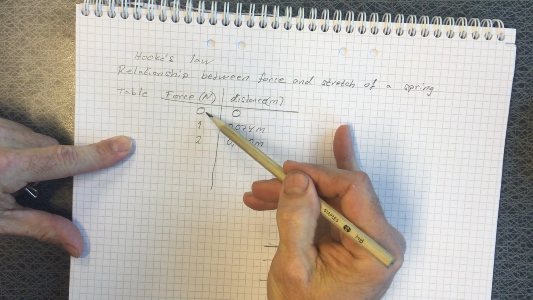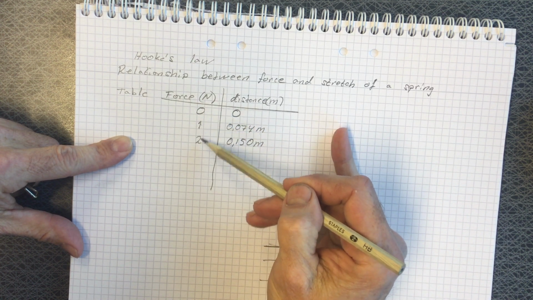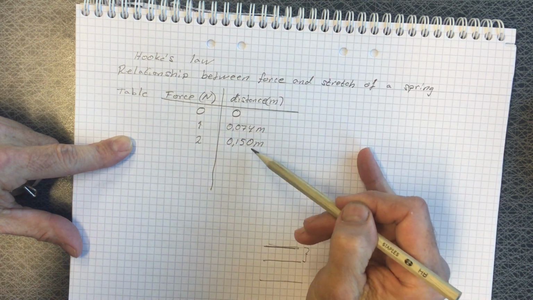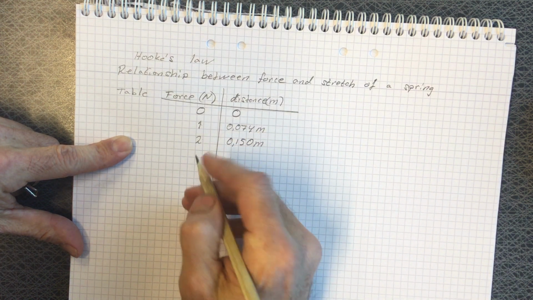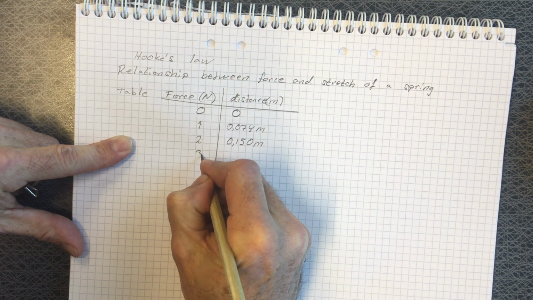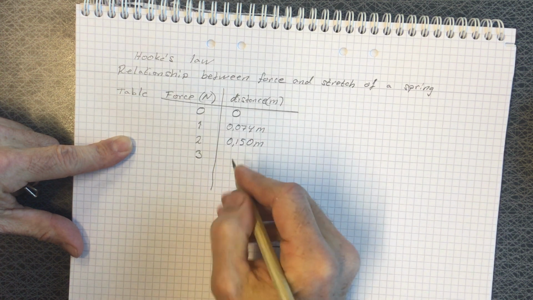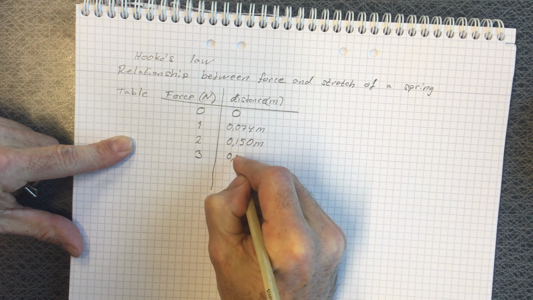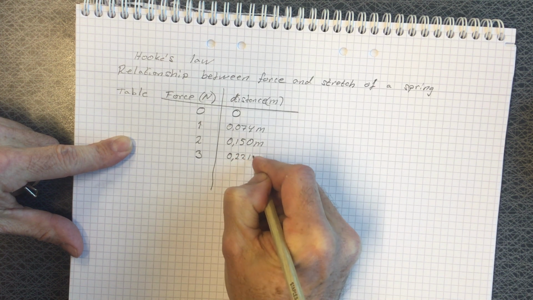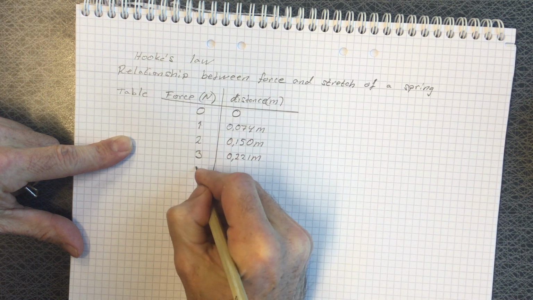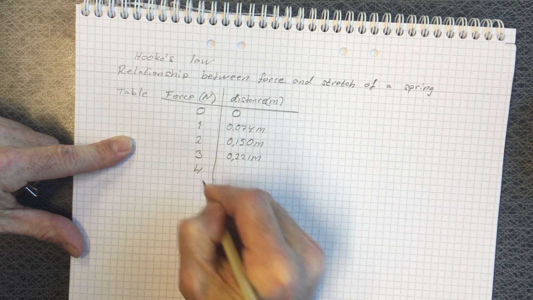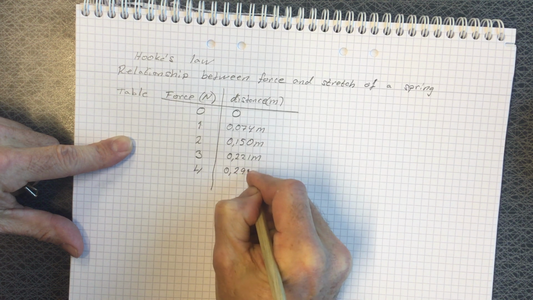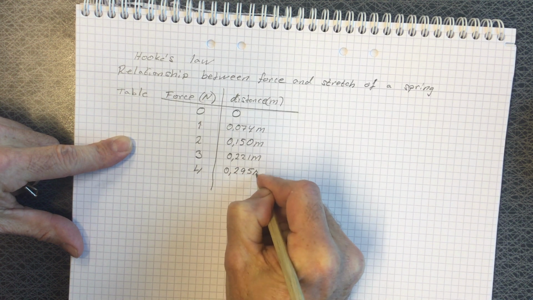The force is doubled, and the distance is also doubled, almost at least. With 3 Newtons, the distance was 0.221 meters. And with 4 Newtons, the distance was 0.295 meters.